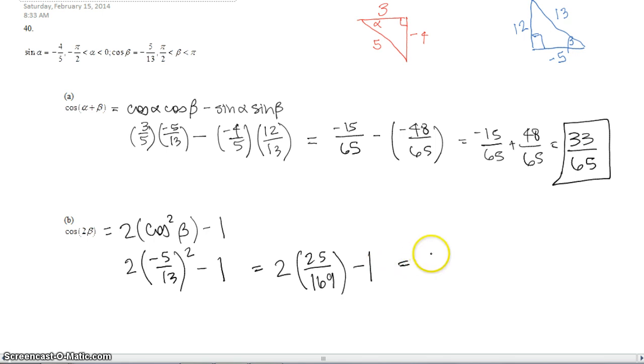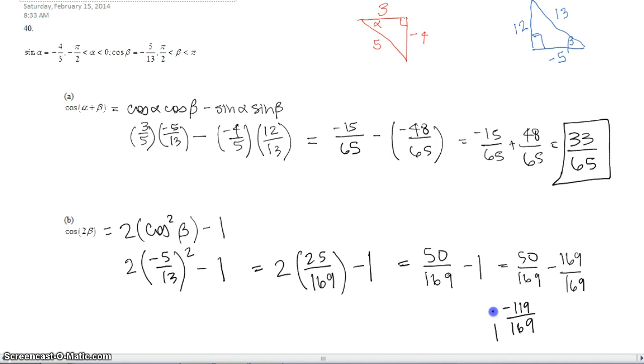So then this is going to be 2 times 25 gives me 50 over 169 minus 1. So now I'm going to get a common denominator. So this is going to be 50 over 169 minus 169 over 169, which is negative 119 over 169. And that is my final answer. That is the cosine of 2 beta.